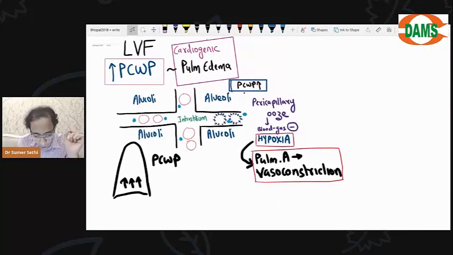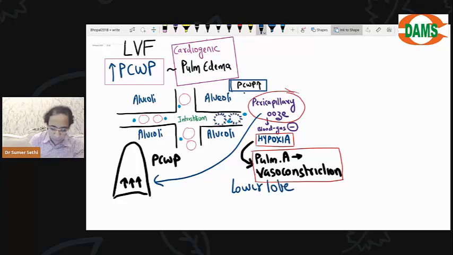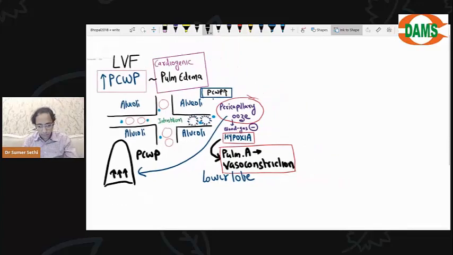Now tell me, are you able to understand that in heart failure, because of the pericapillary ooze, which is predominantly seen in the lower lobe, it is the lower lobe blood vessels which will undergo vasoconstriction. It is predominantly the lower lobe blood vessels which will undergo vasoconstriction.